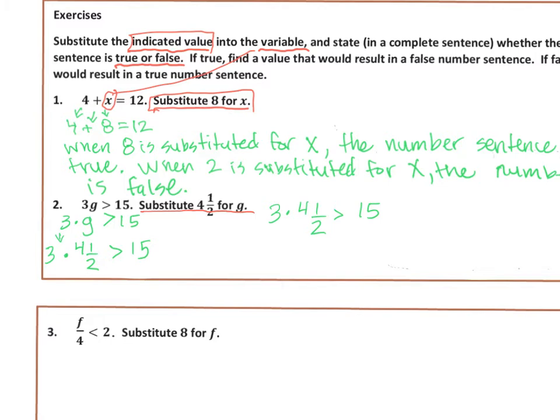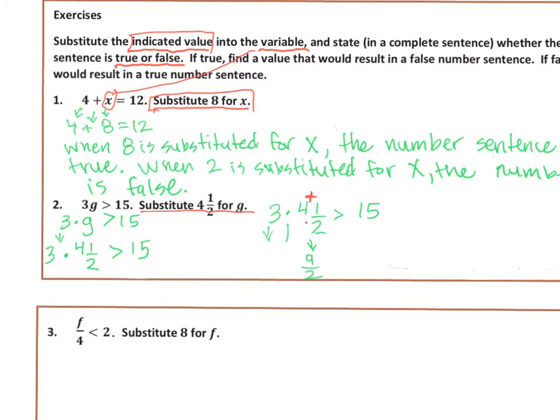That's our whole number. So an easy way is to make this a mixed number so that we can do the multiplication a lot quicker. We're just going to say, okay, 4 times 2 is 8, plus 1 is 9. So this becomes 9 over 2.